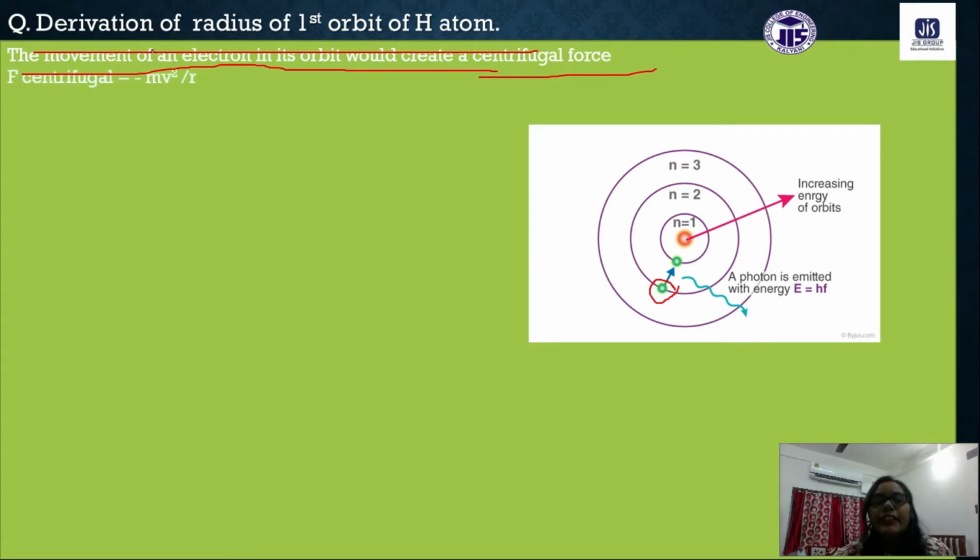So this centrifugal force we can explain like this. We can write down the expression of this centrifugal force as equals to minus mv square by r.